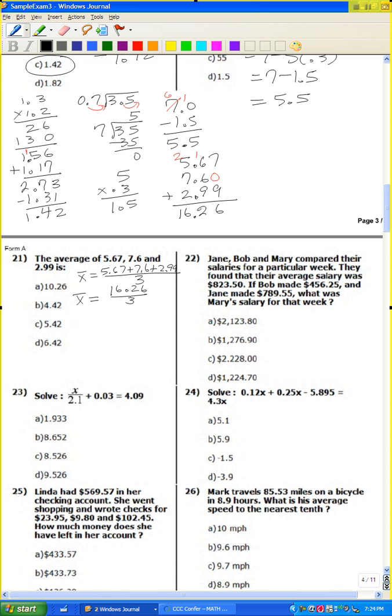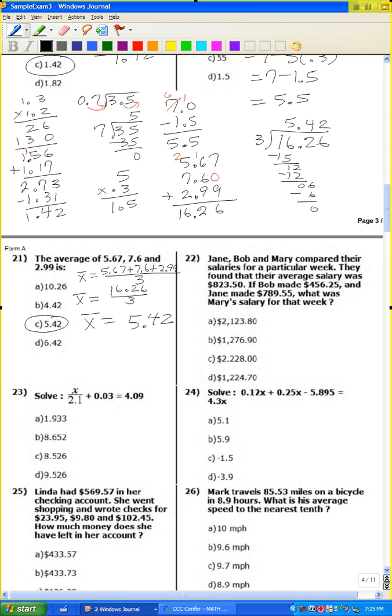So let me do that. 16.26 divided by 3. 5, 4, 2, 5.42. C.